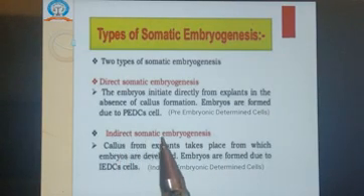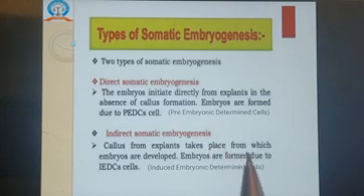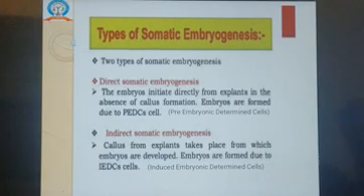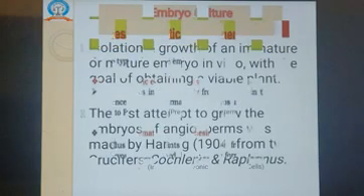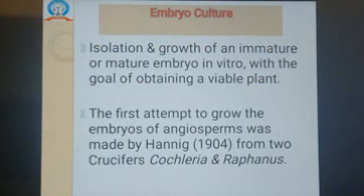And indirect somatic embryogenesis means callus forms from the explant, from which embryos are developed, and embryos are formed due to induced embryonic determined cells. So these are the two methods for the development of somatic embryos.